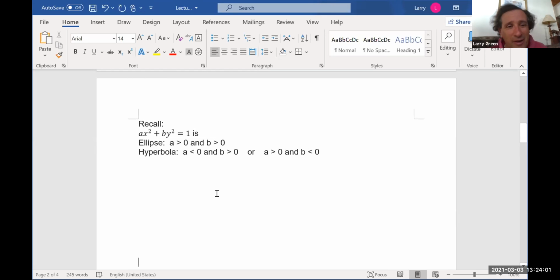This is very much review. Hopefully you remember this from years ago. So it doesn't look anything like linear algebra either, does it? So recall that if you have ax squared plus by squared is 1, then if a and b are both greater than 0, you have an ellipse. And I'm going to cheat a little bit.